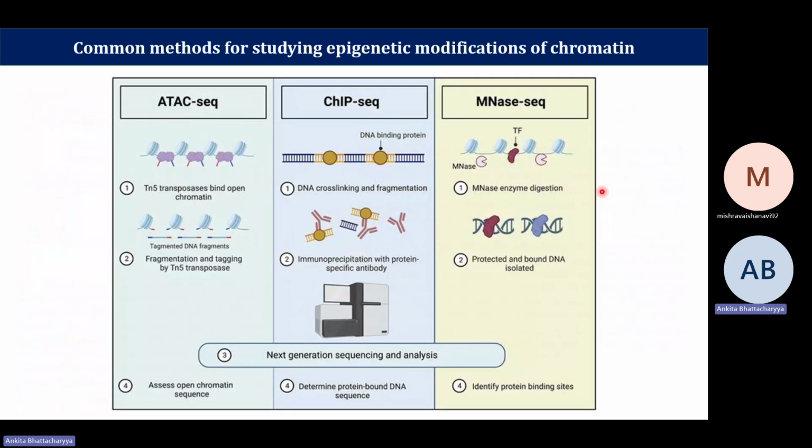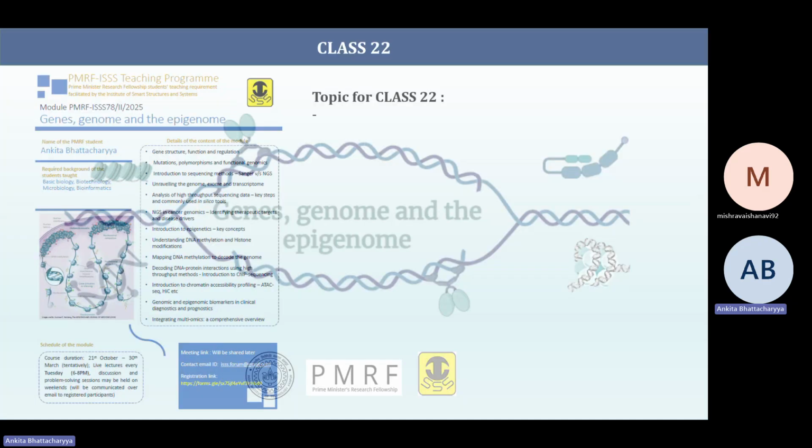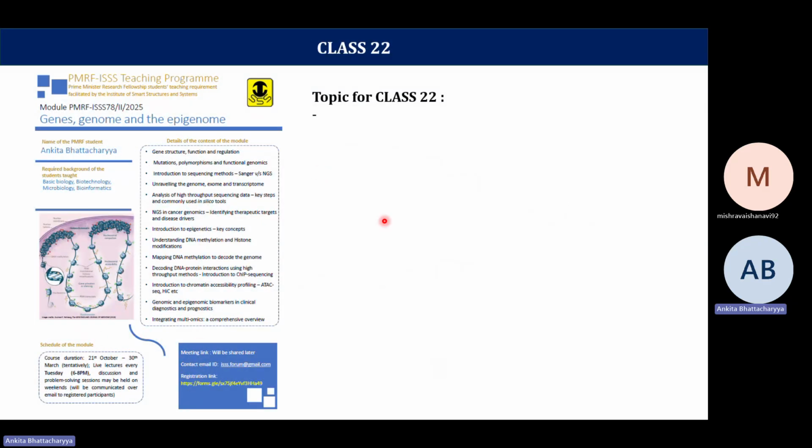We'll discuss the remaining strategies. I think I have the syllabus here. Yeah. So in 22, we are going to discuss Hi-C, and I'll just briefly introduce 3C as well. These are all relatively newer techniques, but if you go to really high impact journal papers, you'll see that people are talking about it.